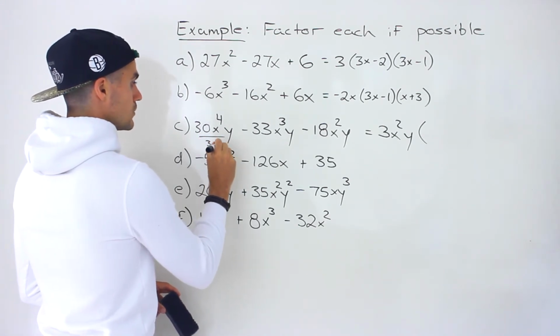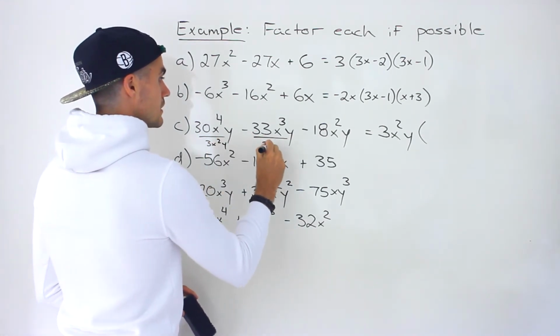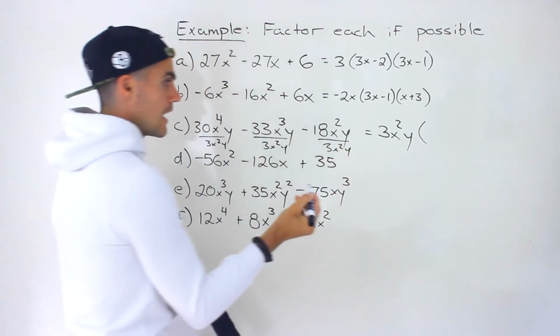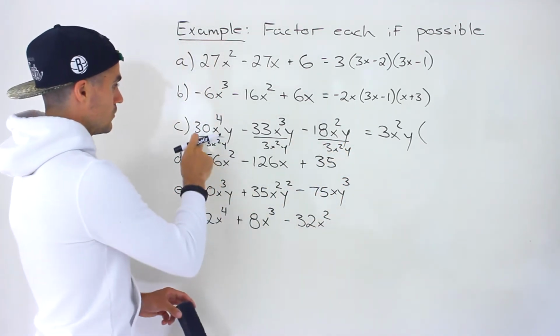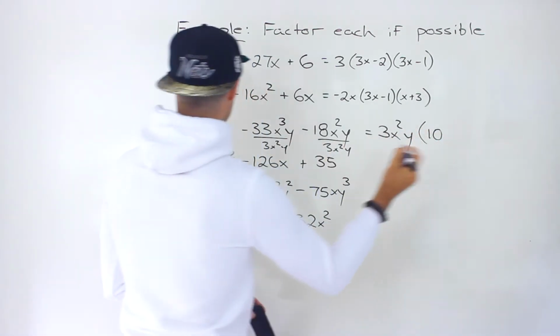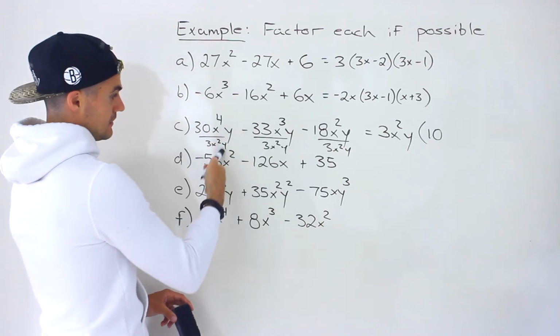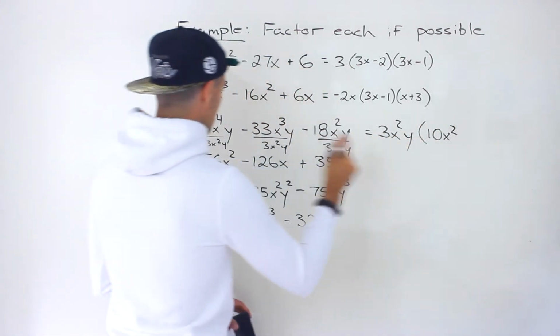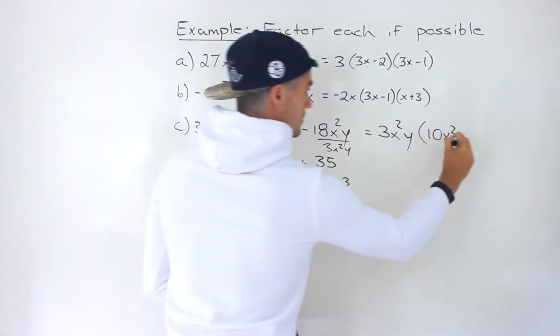So what we would do is basically divide all of these by what we're taking out. So this 30 divided by 3 would give us 10. The y's cancel out. X to the 4 over x to the 2 gives us x to the 2. Then we got this minus over here.